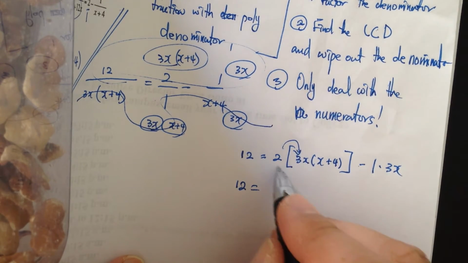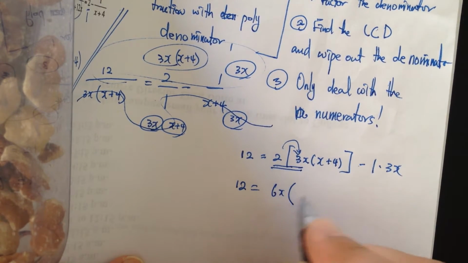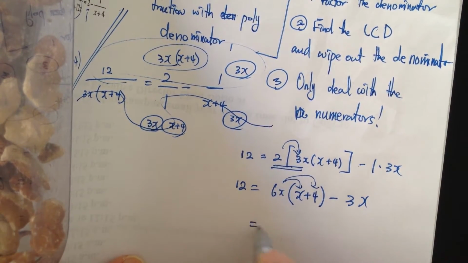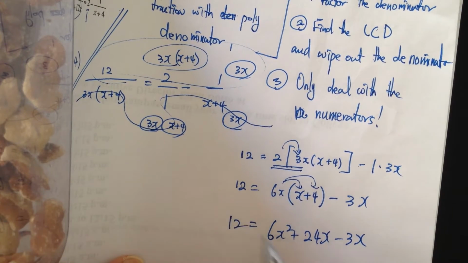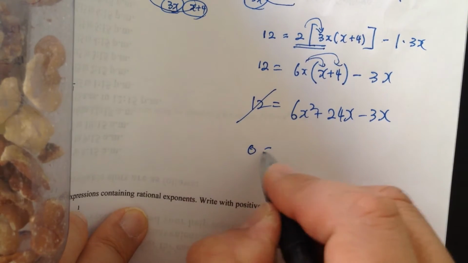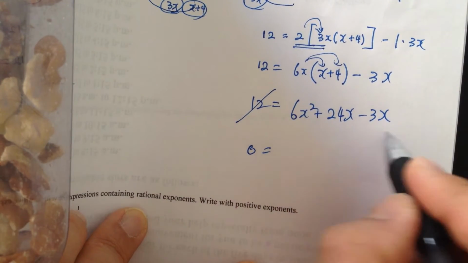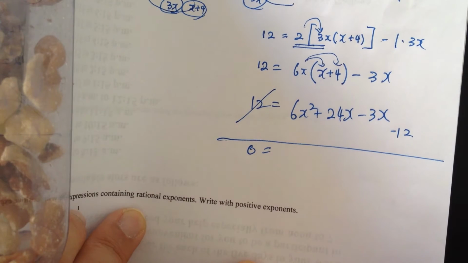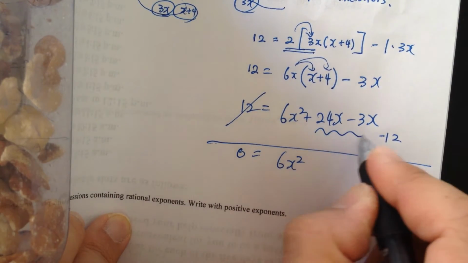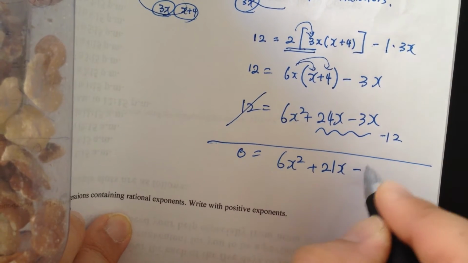Well, this will be 6x. I'll just do it step by step. So here we got 6x squared, and I know that will be 21x minus 12.